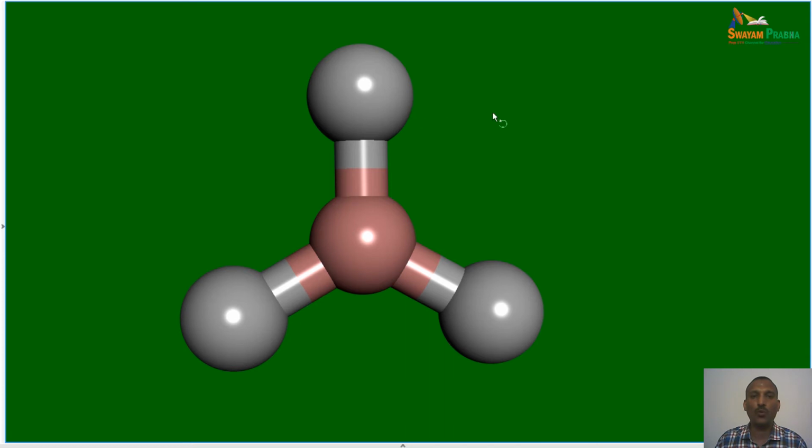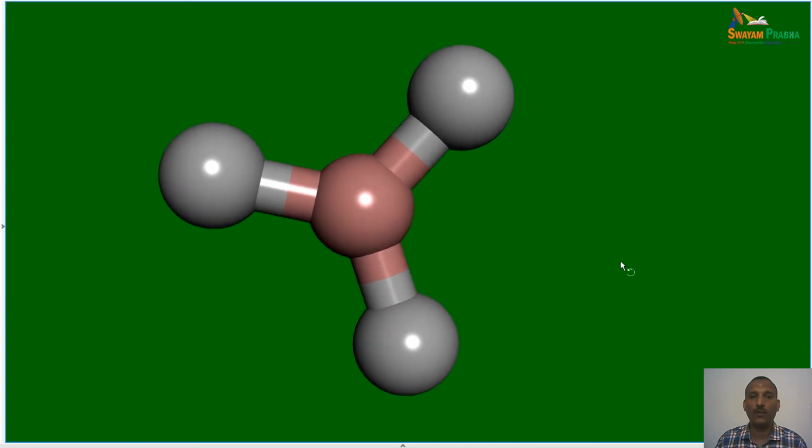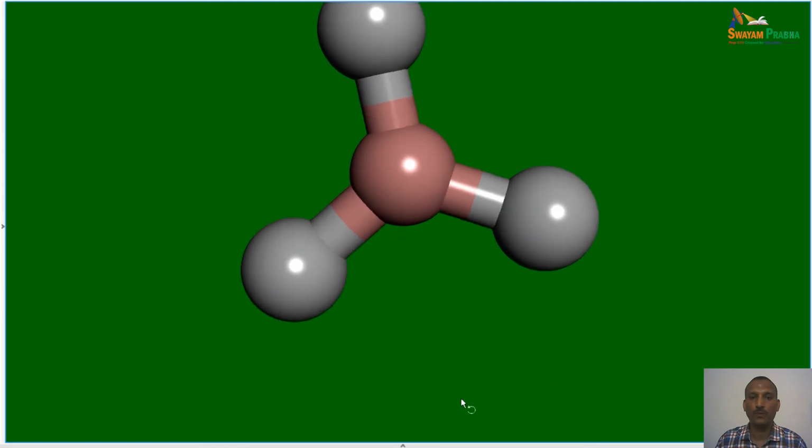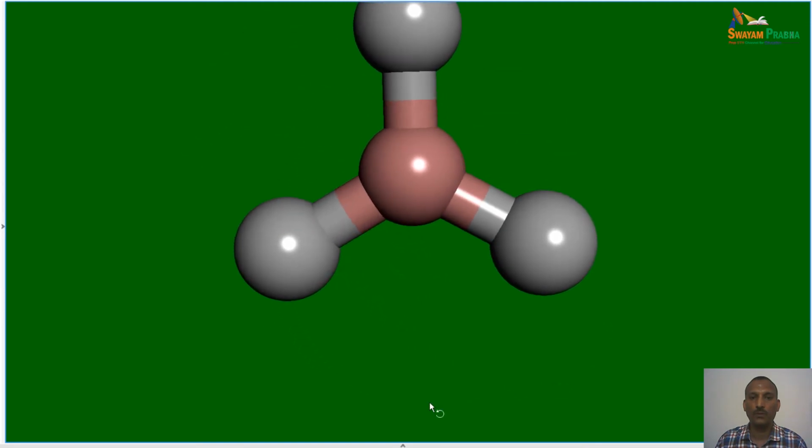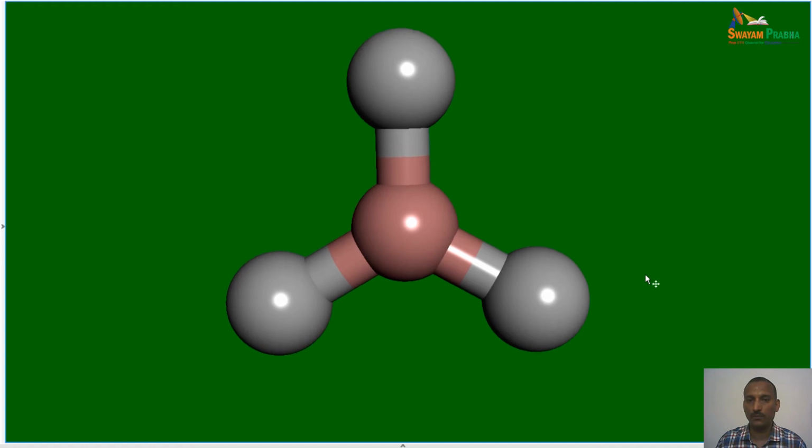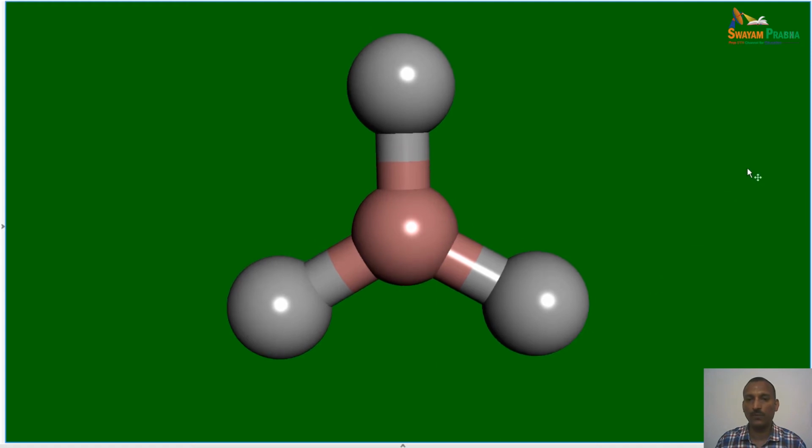I am going to do a 120-degree rotation on the plane. When I do the 120-degree rotation, I get another exact replica of the initial image.